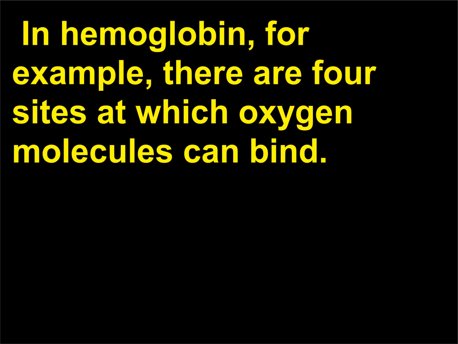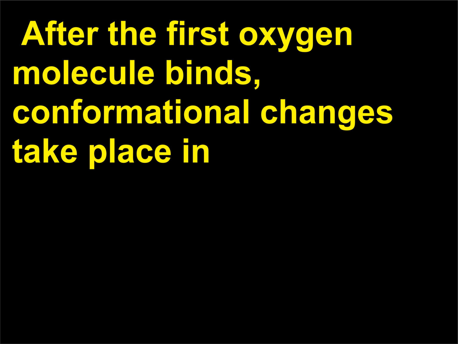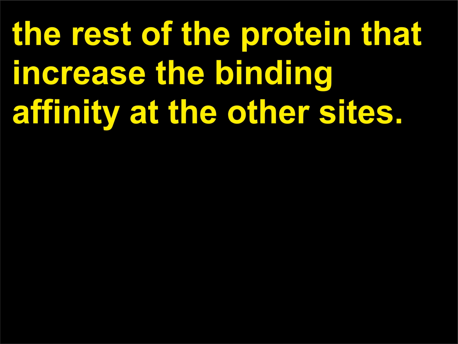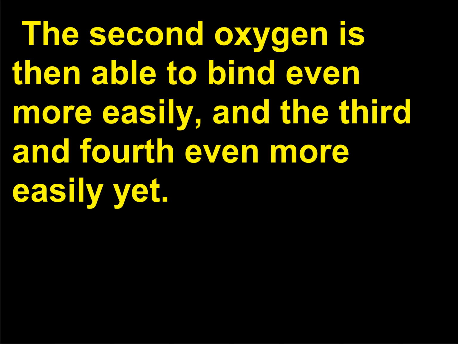In hemoglobin, for example, there are 4 sites at which oxygen molecules can bind. After the first oxygen molecule binds, conformational changes take place in the rest of the protein that increase the binding affinity at the other sites. The second oxygen is then able to bind even more easily, and the third and fourth even more easily yet.